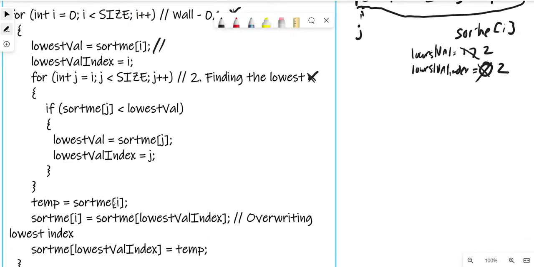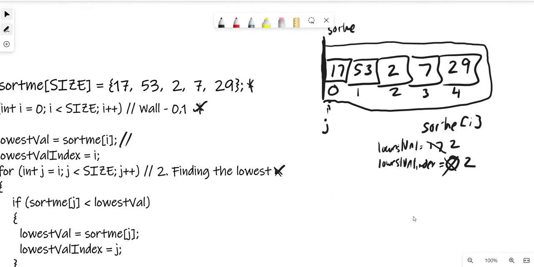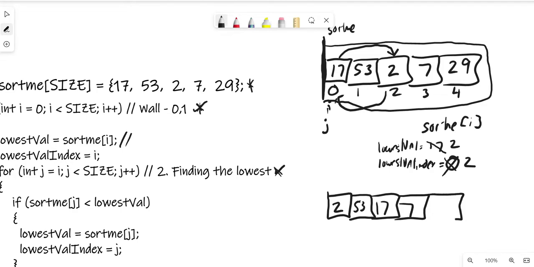So we need to swap the lowest index, and this is what we did before. So we did a swap here, and then we do a swap over here, which means that we are going to end up with the following. We're going to have 2, 53, 17, 7, and 29, right?